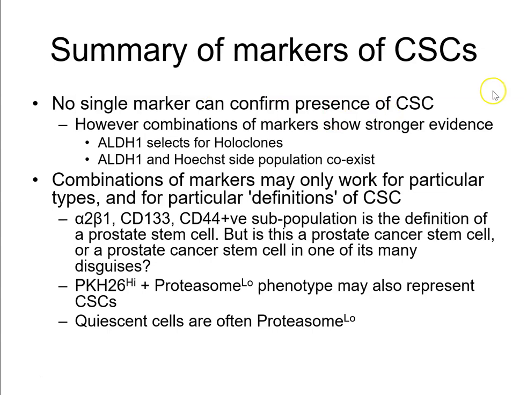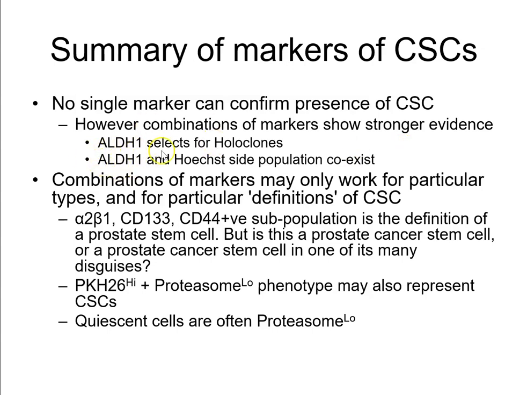So, in summary of everything I've covered, there is no single marker that can confirm that some cells are cancer stem cells, but there are markers that can show that cells contain stem cell-like features, such as ALDH1, and that also selects for holoclones, which is a stem cell-like phenotype.